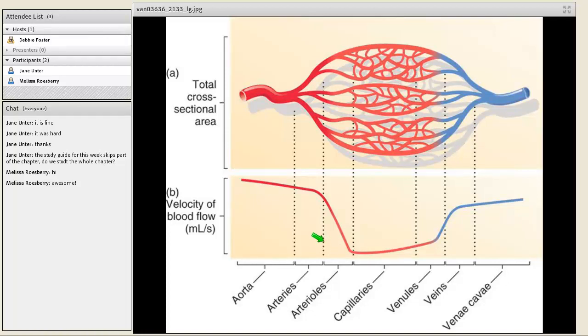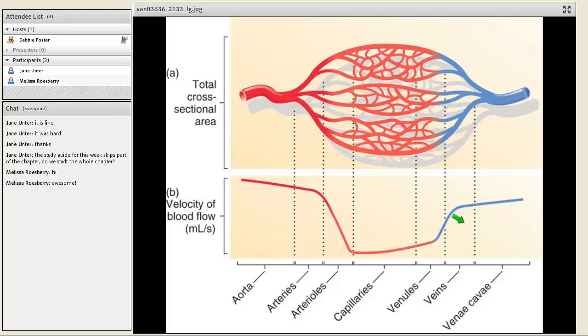Another part has to do with the fact that we have now spread from one vessel, one artery, to several, to hundreds of hundreds, probably by the time we hit capillaries. And then the flow picks back up as we get closer to the heart, thanks to valves and skeletal muscle compression. Our velocity of blood picks up.